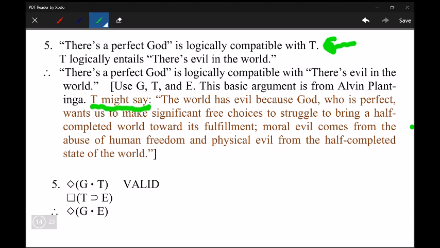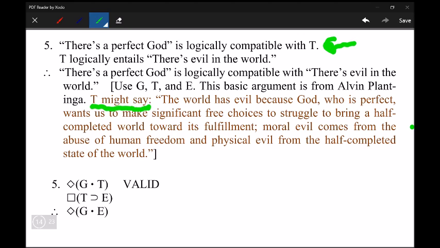That's kind of complicated, and if this were a philosophy or religion course, we'd talk about the meaning of that in greater depth. But let's just say it's an explanation of why there might be evil in a world created by a perfect God. Now, I think it's a pretty good explanation. In fact, I would assert it. However, you don't have to do that for the argument.